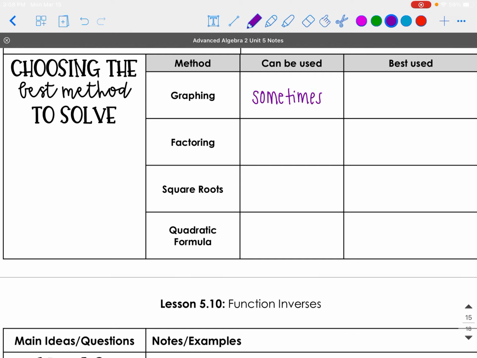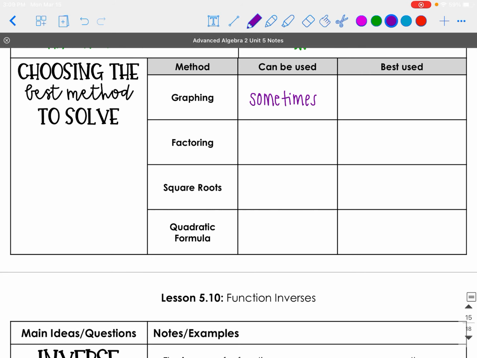It only works when you've got equations in y equals mx plus b form. And if you have the graph, oh, that's not right. I was looking at the wrong thing. Erase that. These are quadratics. It's not y equals mx plus b.